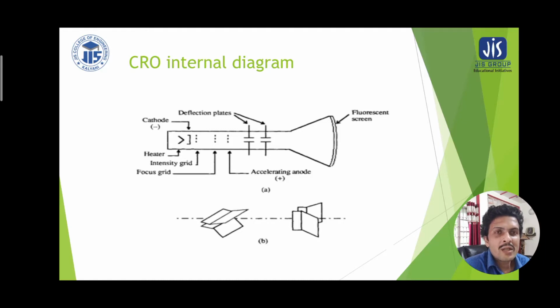And thereafter there is a focus grid. The focus grid produces the convergence of the electron beam onto the fluorescent screen. So the focus grid plays an important role in the impression of the signal on the fluorescent screen. And there is an accelerating anode.